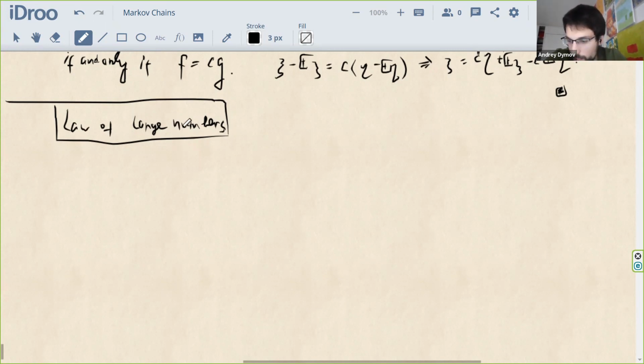And my plan is as follows. First, I will recall the standard law of large numbers. So I will start with the classical setting.